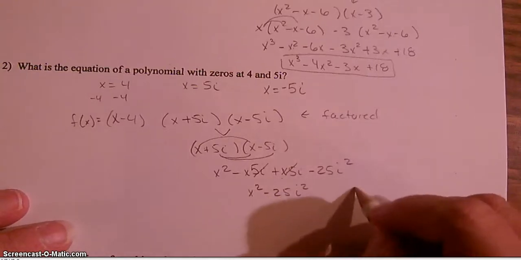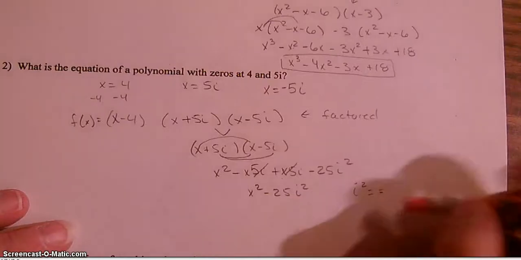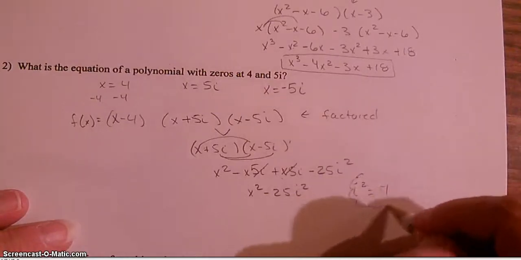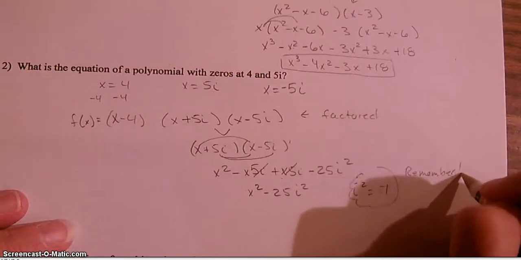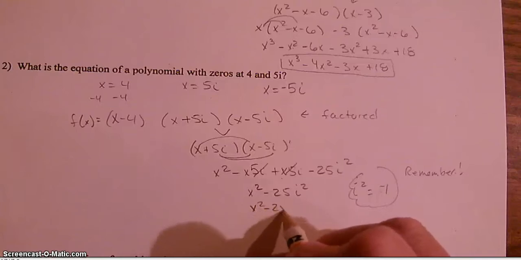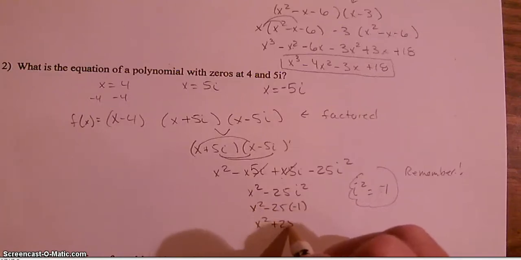But here is something that you guys have got to remember. i squared is equal to -1. Anytime you multiply these, you all need to remember this. So now this becomes x squared minus 25 times negative 1, which is x squared plus 25.